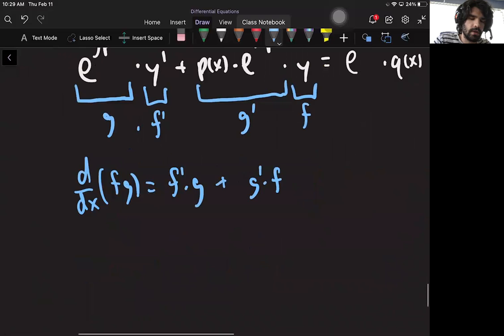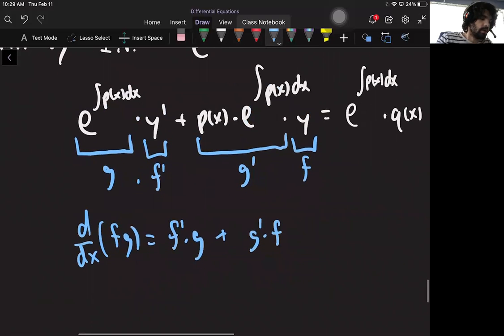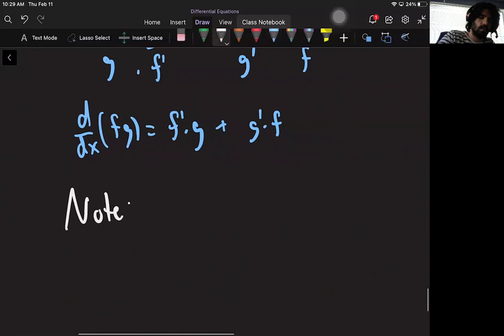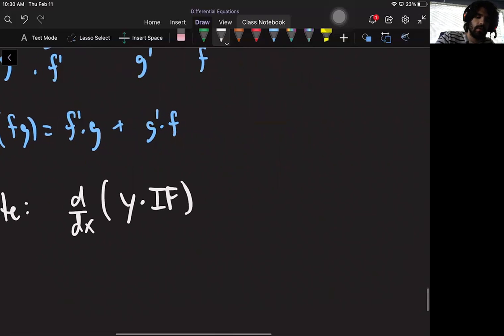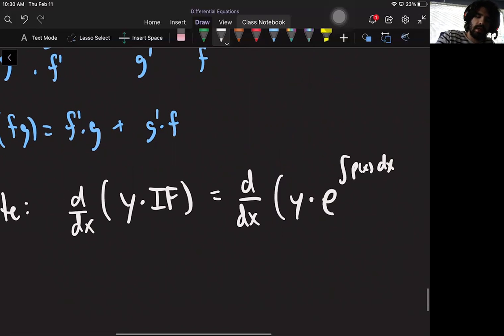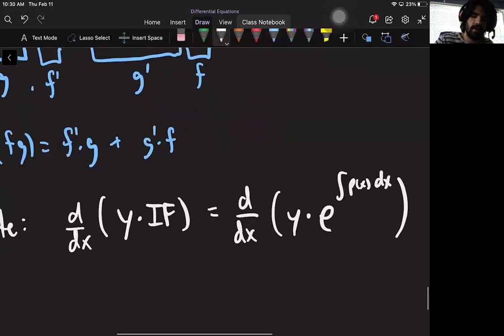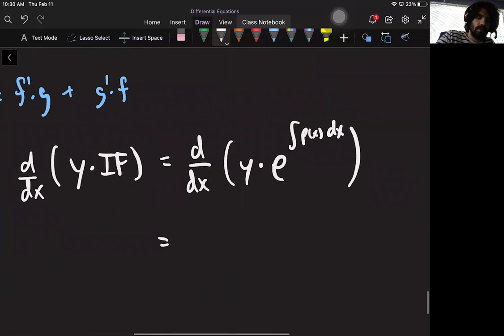And it will. So let's actually calculate this. Okay, so let's do that. So if I take the derivative of y times my integrating factor, then let's see that it will turn out to always be this left side. Okay, so the product rule says derivative of the first, keep the second one the same.